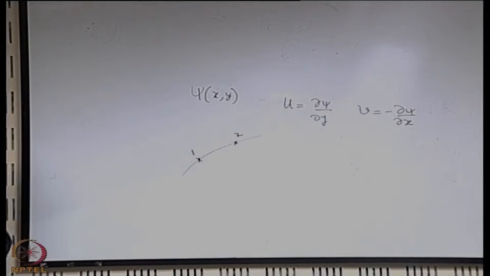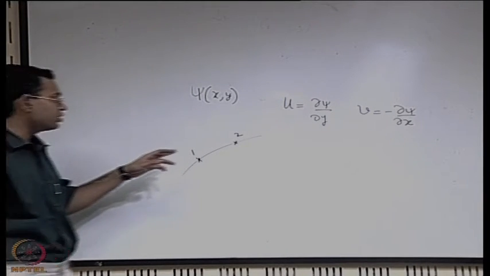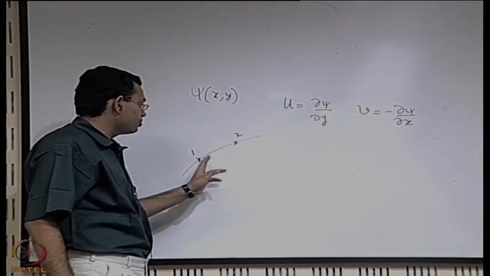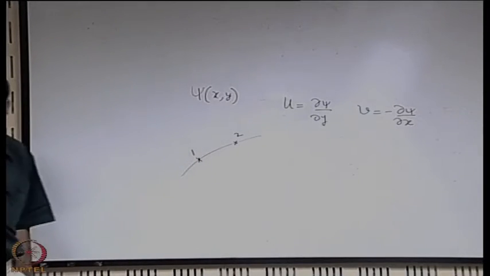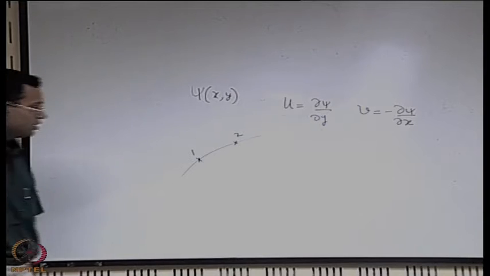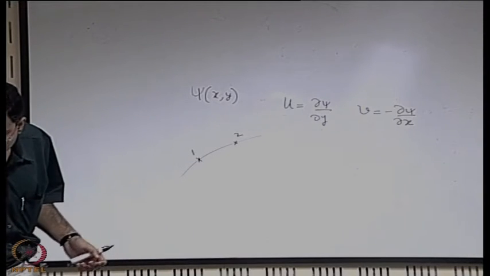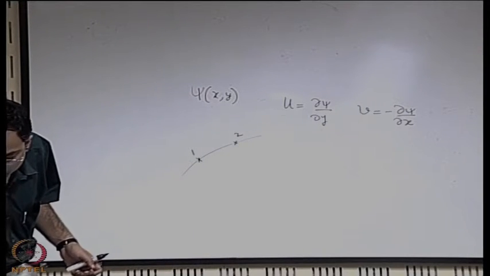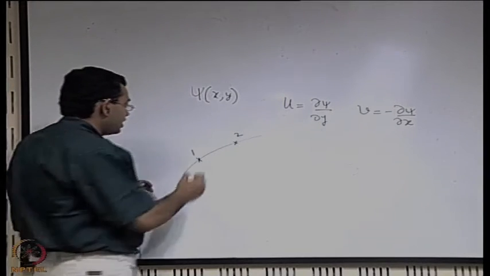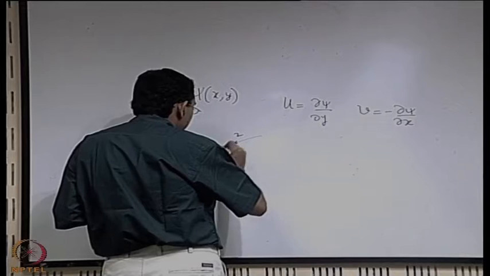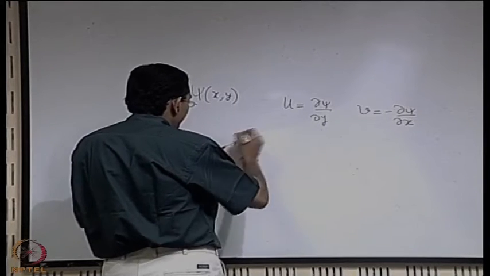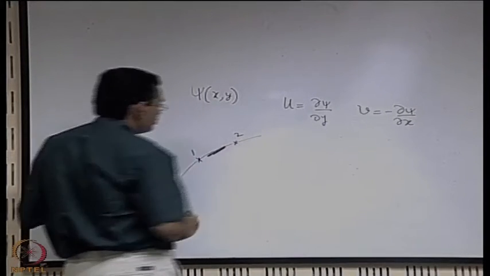We are interested to find out what is the total rate of flow between these points 1 and 2. How we can do that? To do that, let us consider a small element within that domain bounded by points 1 and 2.